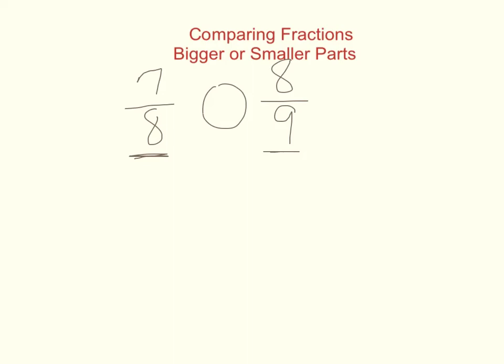But what is going to be the bigger piece? Remember we talked about earlier that the smaller number in the denominator is always more than the larger, and that is because you are getting more pieces. 7 out of 8 pieces is more than 8 out of 9 pieces.